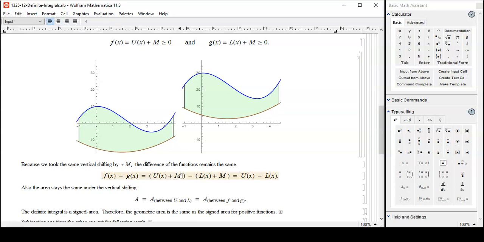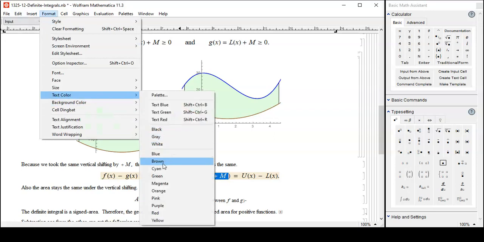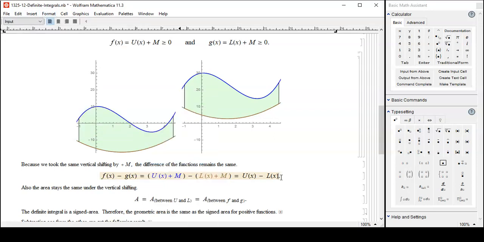So this one goes to blue, and this one goes to brown. Subtract one from the other, this plus m shifting cancel out, we end up with u minus l.